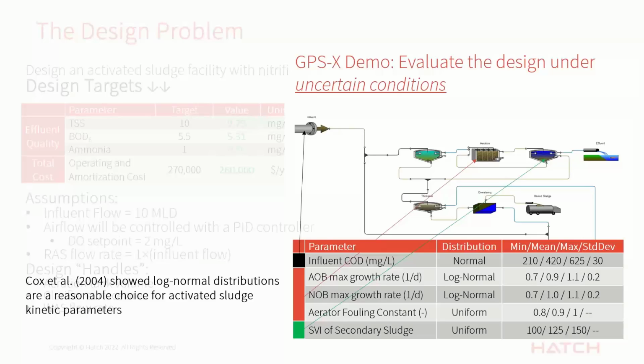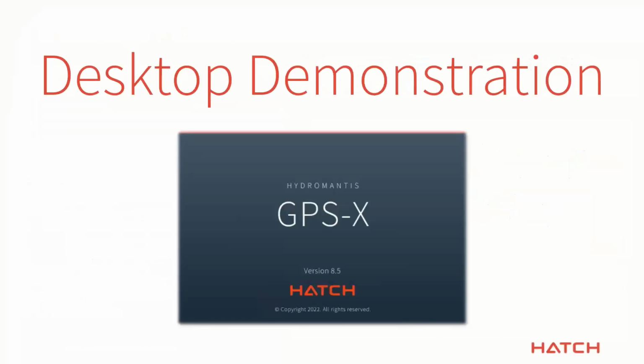All right, so we have our design example. We have some choices for a potential design alternative, and we have decided where exactly we're going to be introducing the uncertainty. So now I can jump over to GPSX and get into the actual demo.